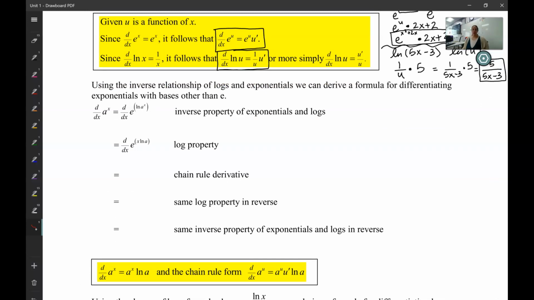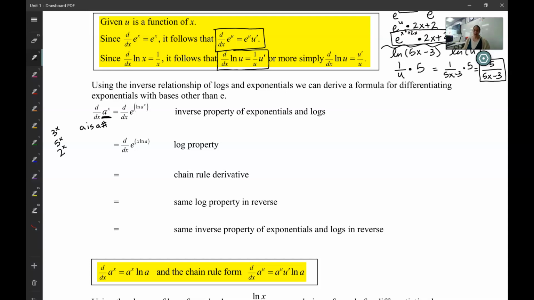Now let's start to explore if our base isn't e. So right here, a to the x, where a is a number. So this is now 3 to the x, 5 to the x, 2 to the x, anything to the x, not just e.